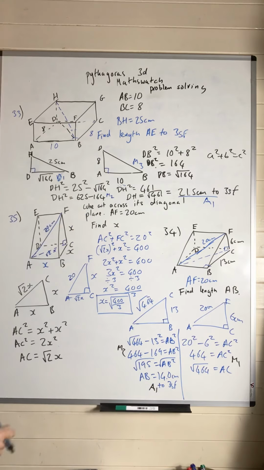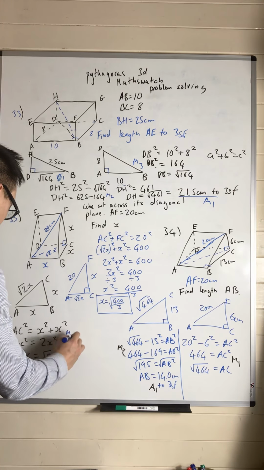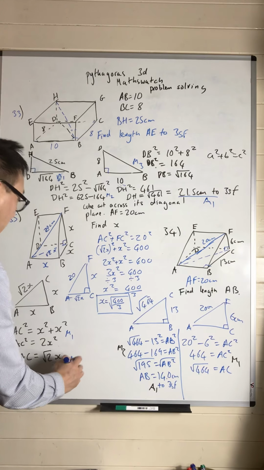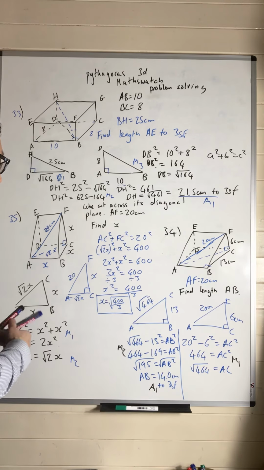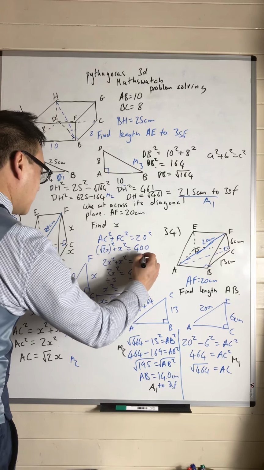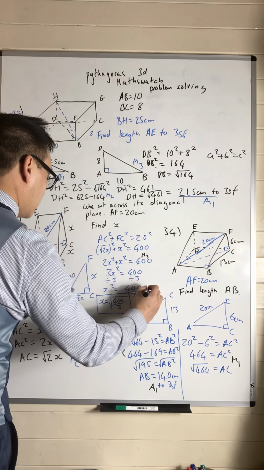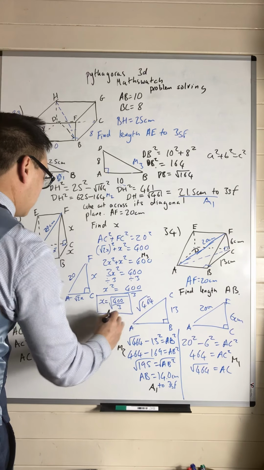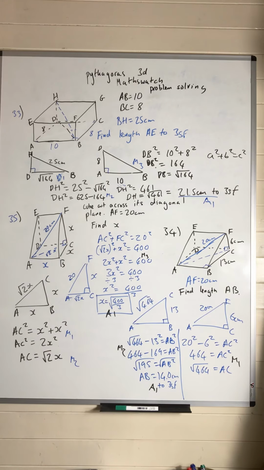If that's a 3 marker, if it's a 4 marker, you'll get an extra mark somewhere else. And if this is probably going to be a 4 marker, so this will be your M1, your M2, your M3 and your A1 there to help. Hopefully that makes it clear for you.